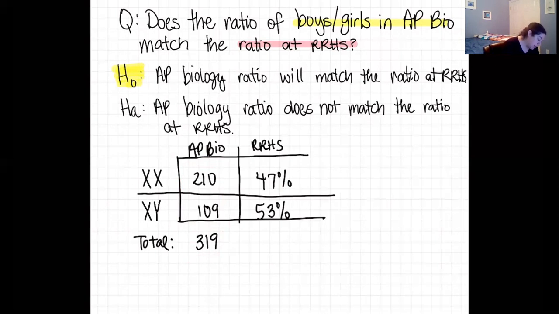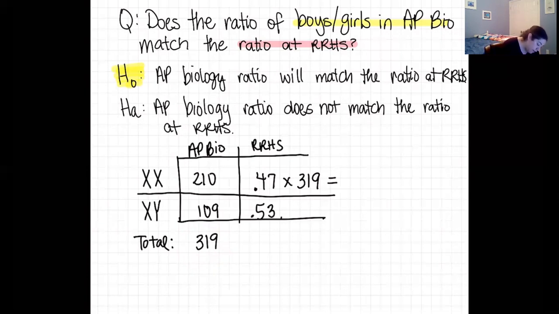And the way that you do that, let me erase this percent sign here. The way that you figure out what your expected value is, you take your total and you multiply it by the percentages. So I would take 319 times 0.47. And that will give you the number of students that we are expecting.